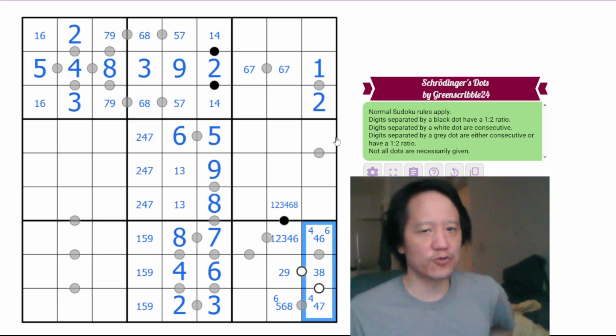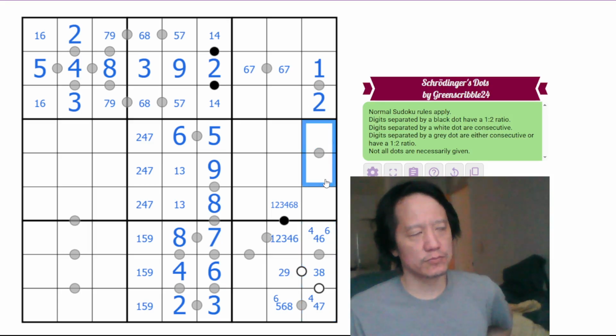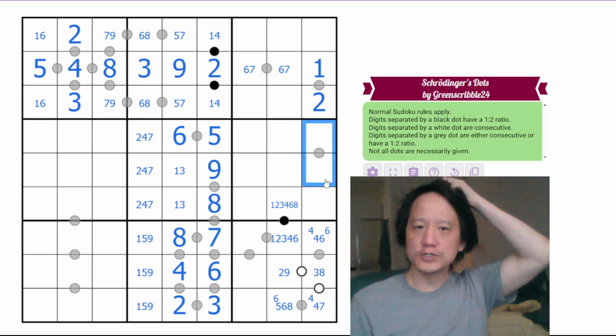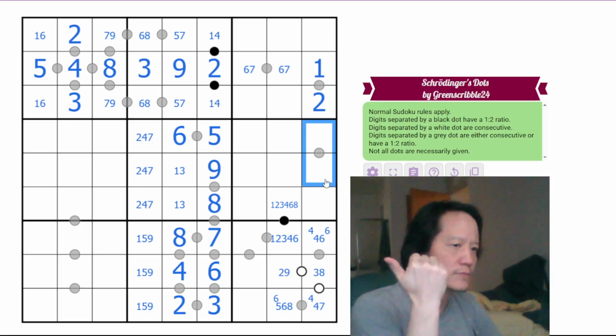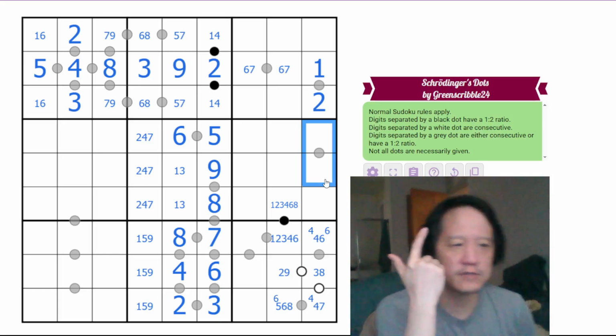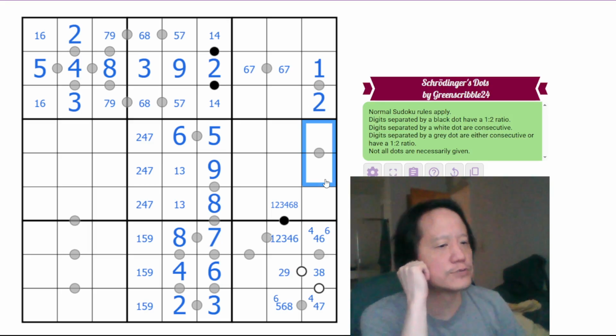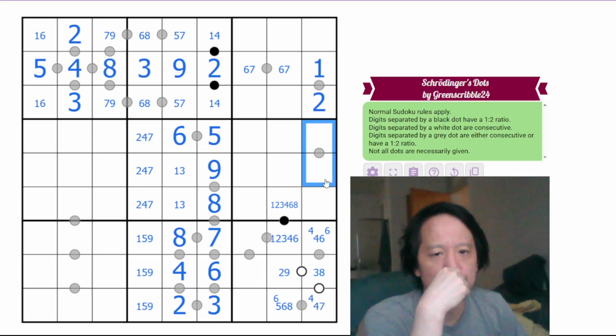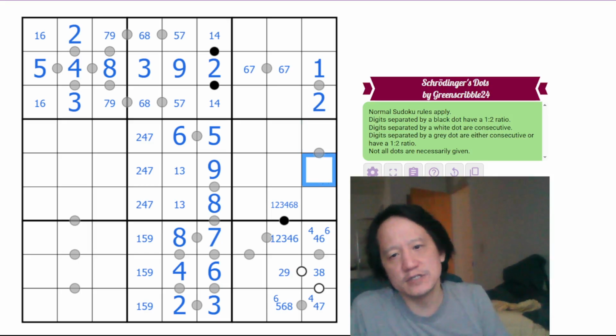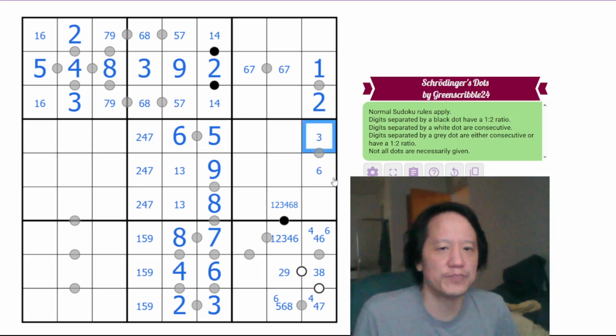So this can never be 4 here. So you can't have 1 to 2 ratios of 1, 2, 4, or 8. If it's a 1 to 2 ratio, it's 3 and 6. Which is possible. So if it's 3 and 6, it's 6 and 3 here.